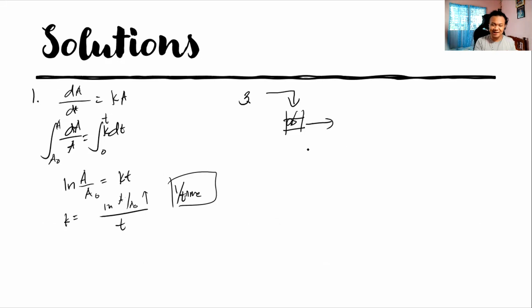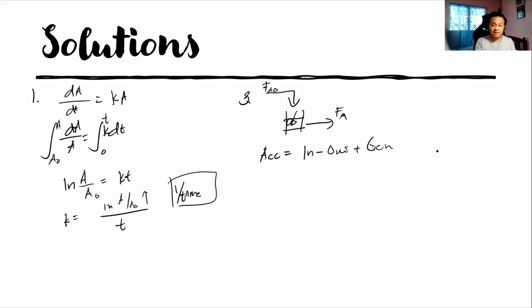We have a molar flow rate in, let's name that FA0, and a molar flow rate out, FA. The general equation for this is: accumulation is equal to in minus out plus generation.